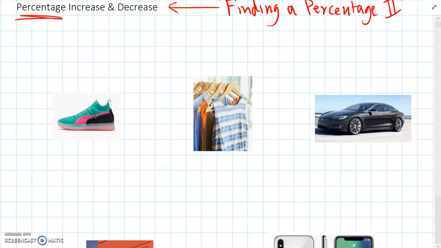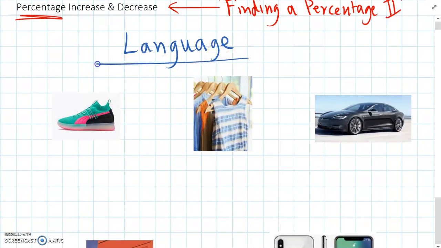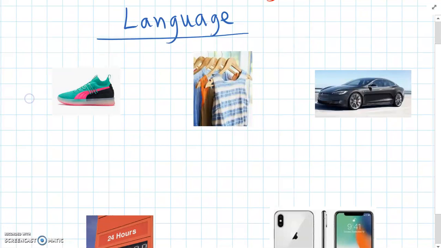So firstly, we're going to look at some of the language that we see when we're looking at increasing or decreasing prices, or increasing or decreasing anything by a percentage. So here we have some different items. The first one is a basketball shoe.